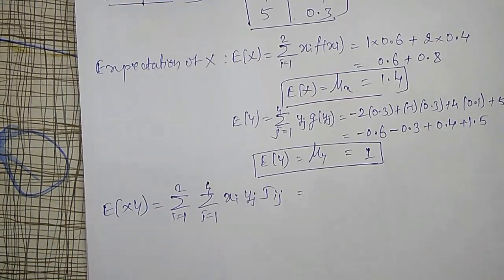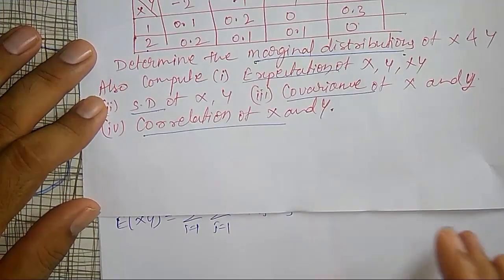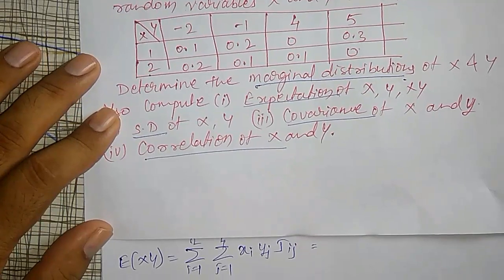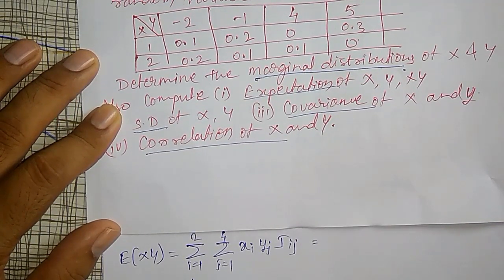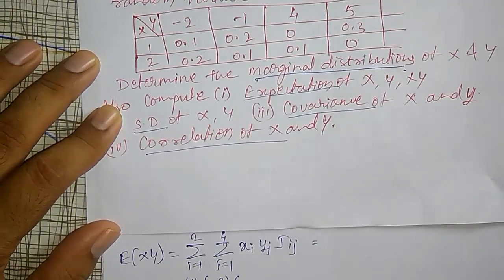From the table I have to take the values now. From these table values I have to take. That is 1 into minus 2 into corresponding probability is 0.1.